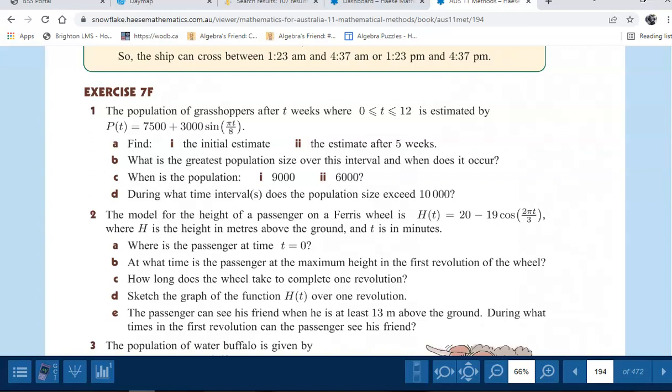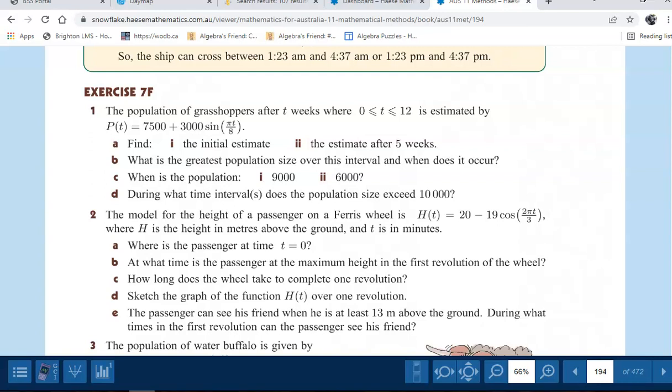What does the 3,000 do? It's in front of the sine. What does it do? It's the amplitude. So it stretches it. It goes to 3,000 and a minimum of minus 3,000. What does the plus 7,500 do? Lifts it up.